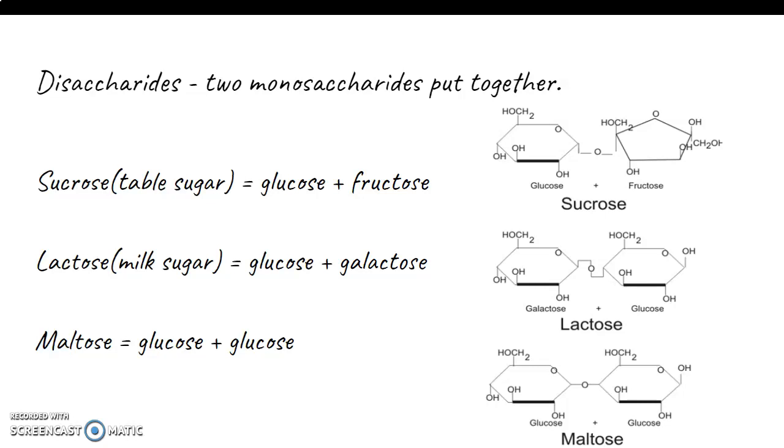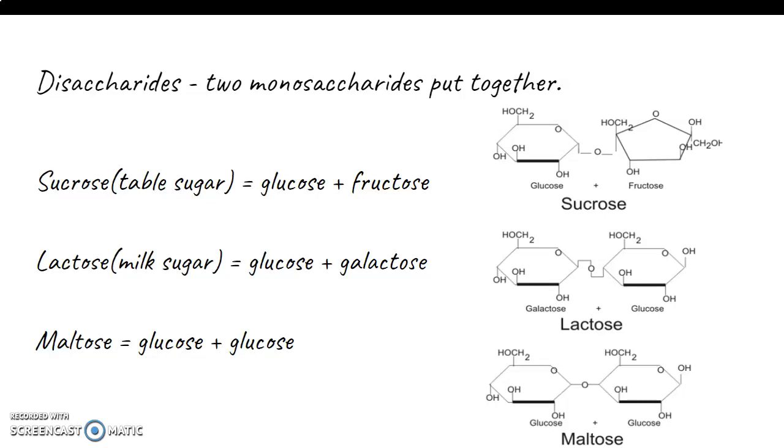Sucrose, which is simply table sugar, is just a glucose molecule chemically combined to a fructose. So two monosaccharides together make a disaccharide. Lactose, which you're familiar with from milk, is glucose and galactose joined together. And maybe one that you're not as familiar with, maltose, is just two glucoses.